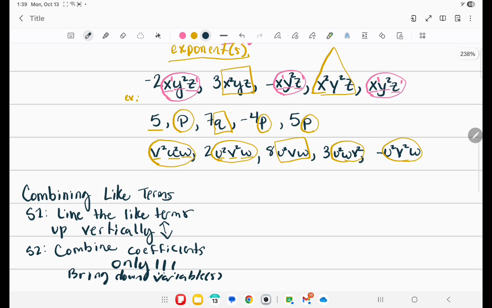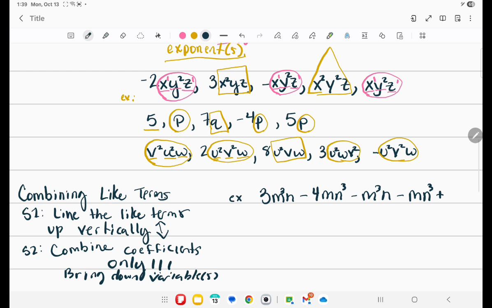And we'll get more practice on it, I'll tell you. Here we go. Example. Second group of examples. Just one. 3m cubed n minus 4mn cubed minus mn minus mn plus 4m cubed n.